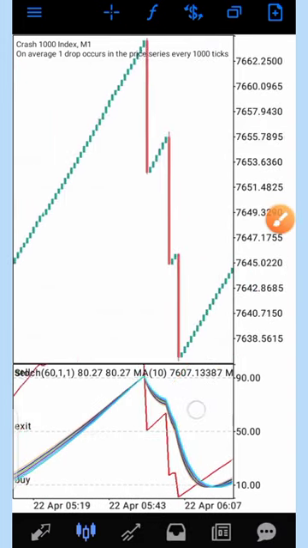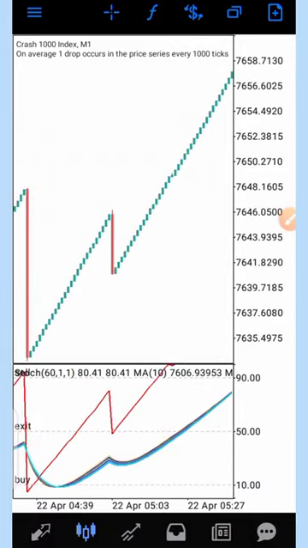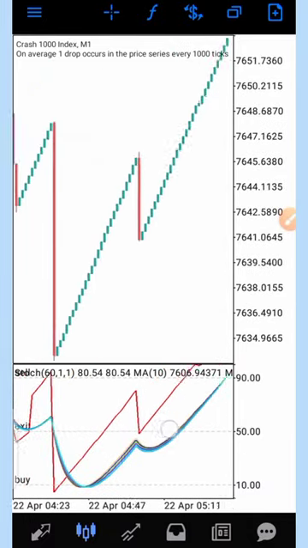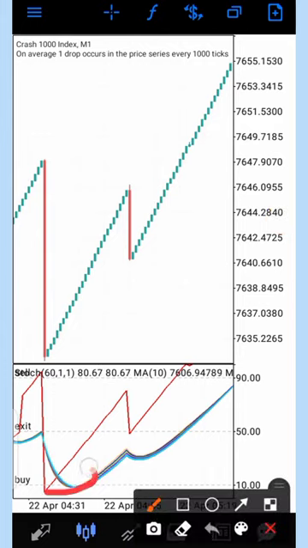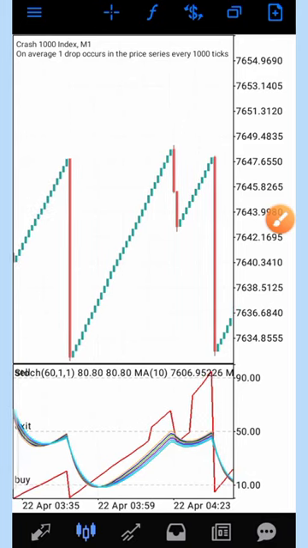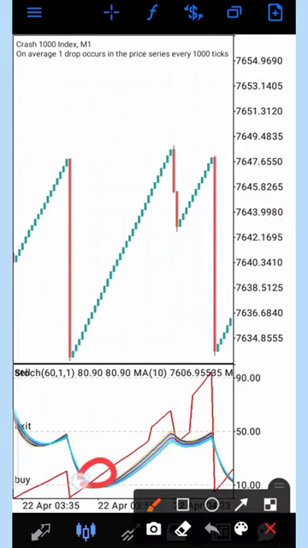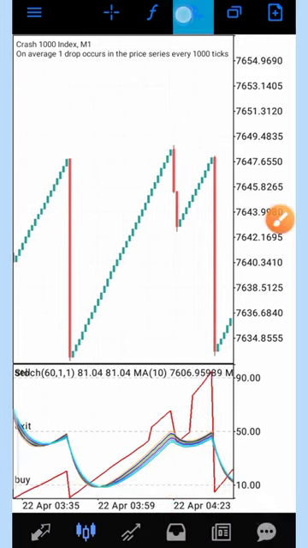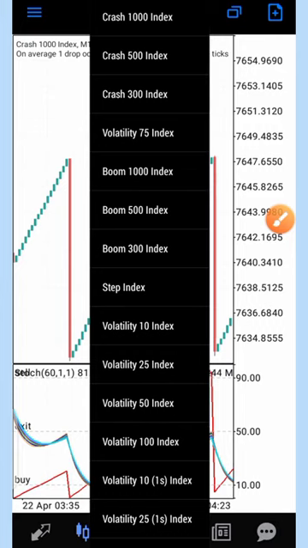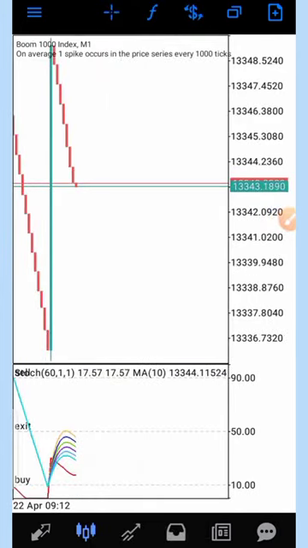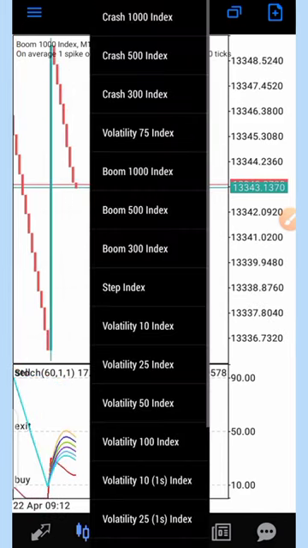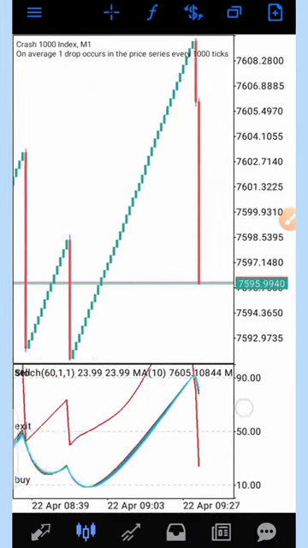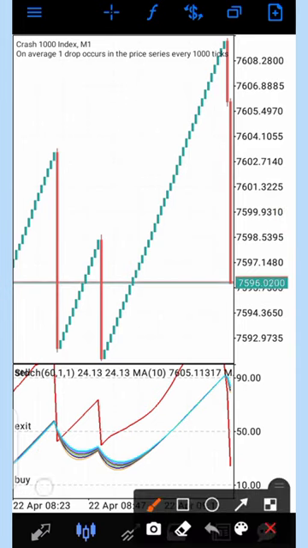And for Boom, you sell. This strategy is not to catch spikes, I said that. As you can see here, it crossed at the 90 region, so you enter for buy. You can see another one here, you enter for buy. And for Boom, you enter for sell. When it crosses at 90, sorry, I think I made a mistake there. That is the 10 region. Yes, here is 10.